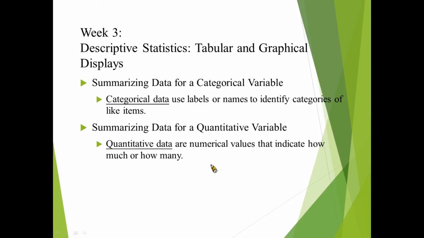So there is some introduction. Descriptive statistics, tabular and graphical display. This is summarized data for the categorical variable. Categorical data use labels or names to identify a category of like items. And the summarized data for the quantitative variable. Quantitative data are numerical values that indicate how much or how many.